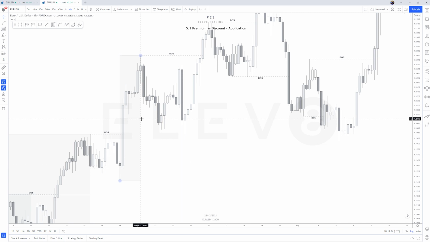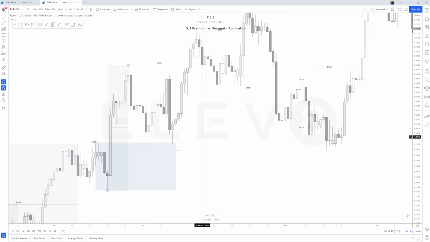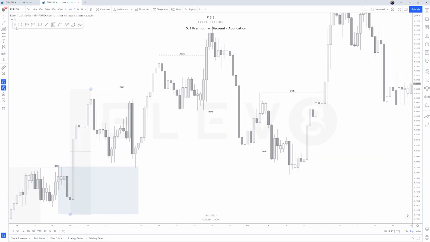As you can see, price comes to the EQ, and then it reacts off of this whole demand range before moving off. So we've got another break up here, and we can draw from the low to the high. Price then comes down, reacts off of this wick here, which is almost in discount, and then shoots.